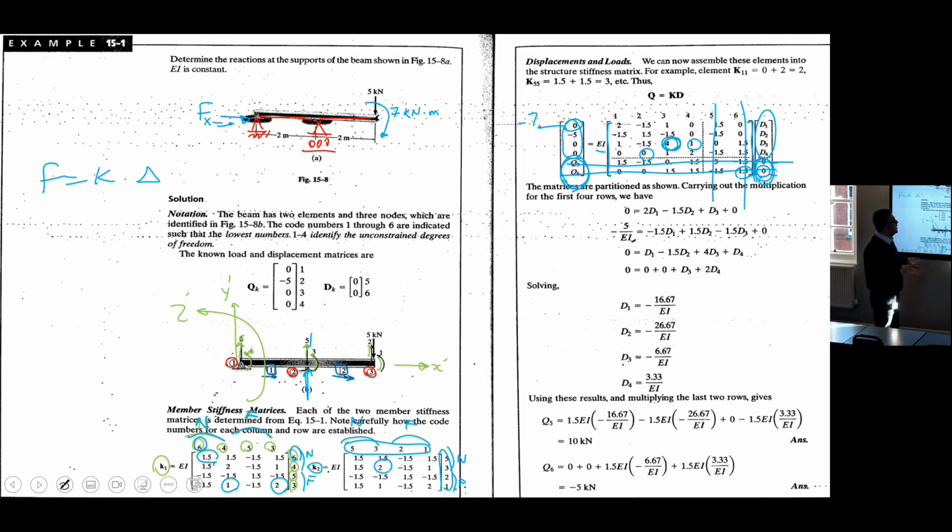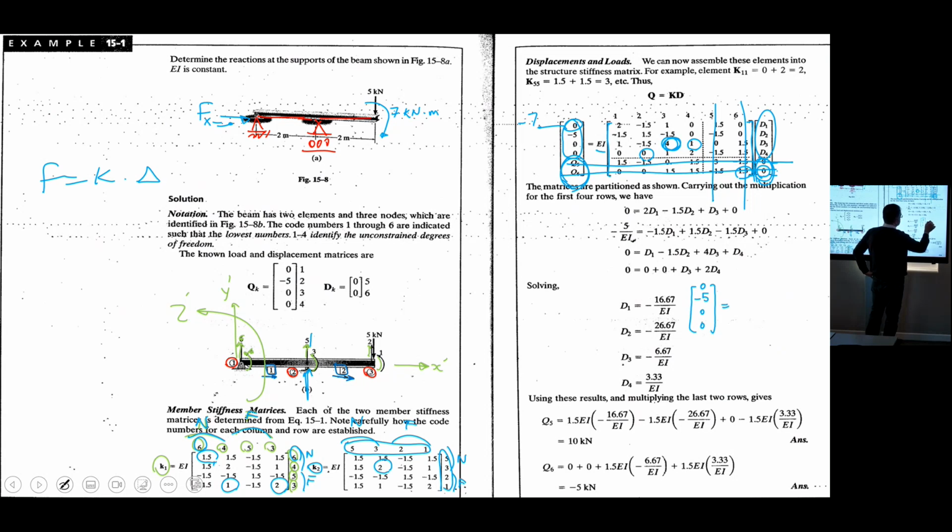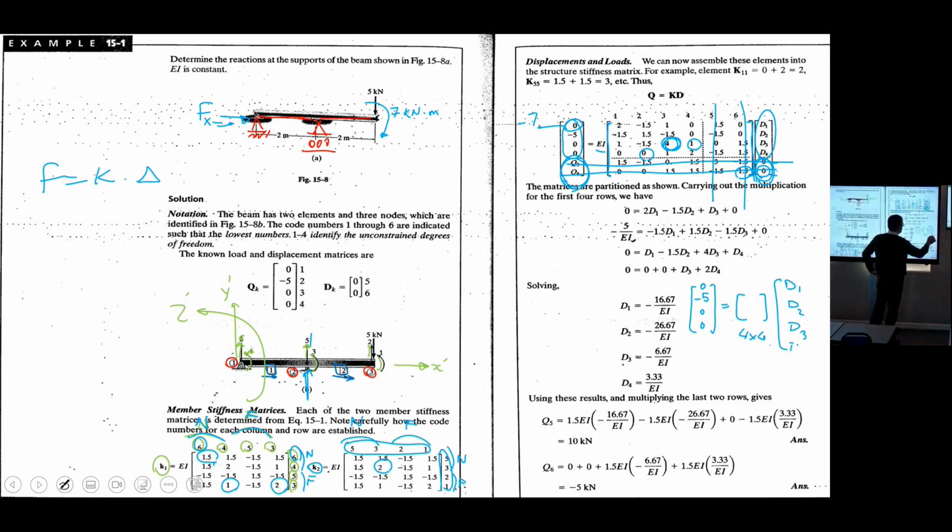The remaining part will be something like this: 0, -5, 0, 0 is some matrix which is 4 by 4, times D1, D2, D3, D4, which are unknowns.